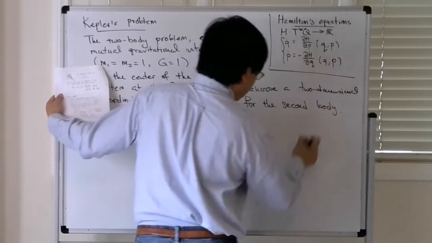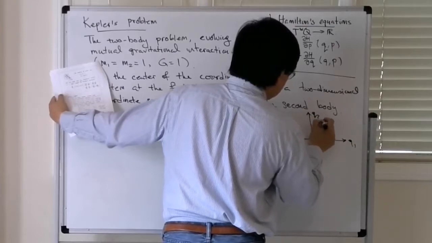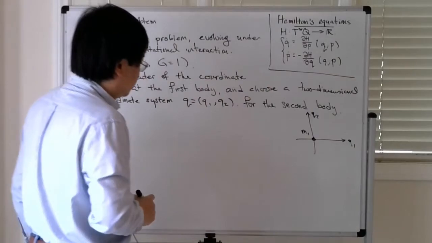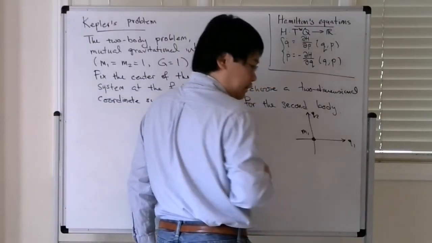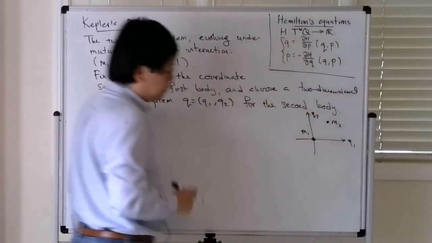So what basically you have then is that you have Q1 and Q2. This is M1, the position of the first particle, and that's assumed to be the origin of this coordinate system, and then this is M2. Okay.